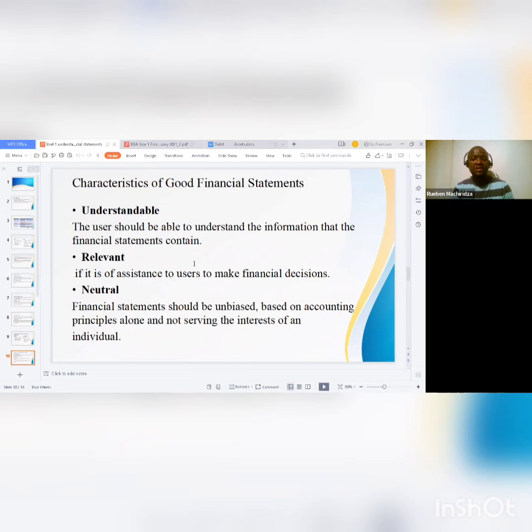The other thing that results in us saying that we have good financial statements is that we have to include relevant information. By relevant information, I mean we must only include information that assists the users to make financial decisions.